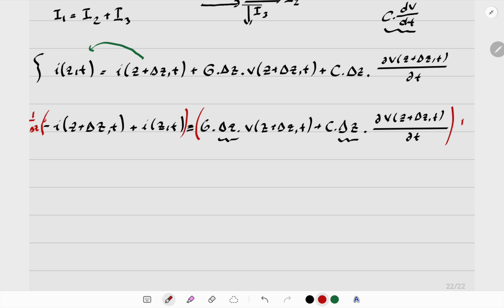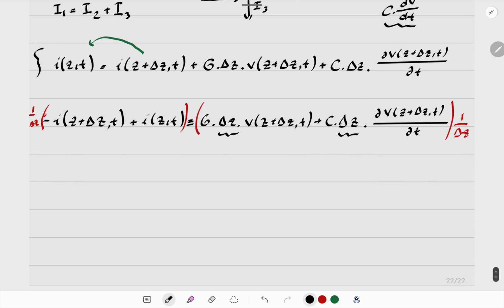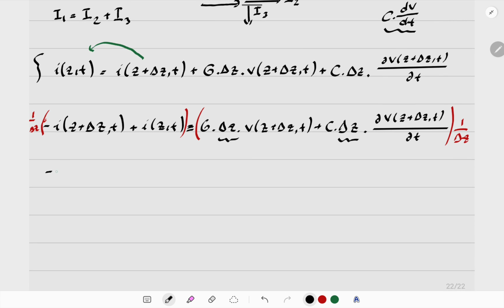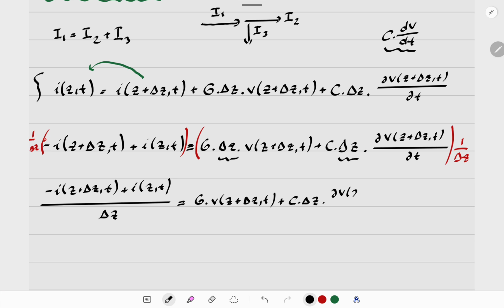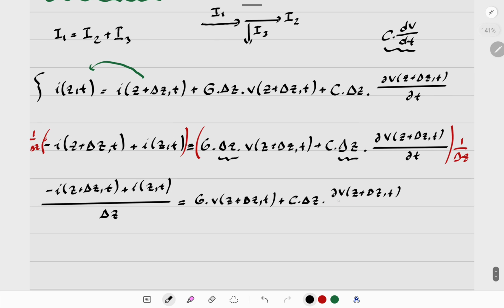If we divide both sides like this, we see I(z,t) minus I(z plus delta z, t) over delta z equals G times V(z plus delta z, t) plus C times delta V(z plus delta z, t) over delta t.